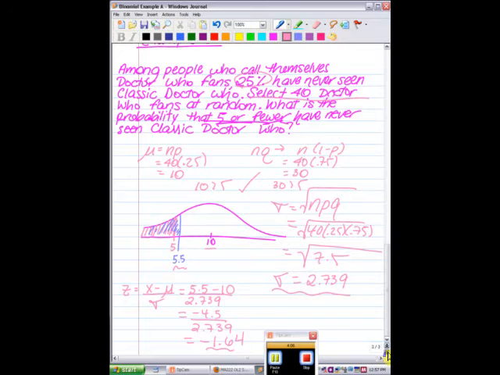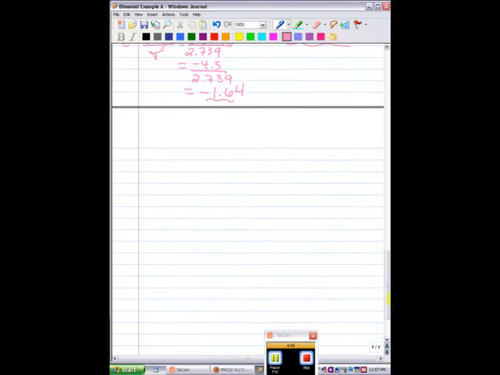We're going to have to use the standard normal table to look up the area associated in this left tail, and when we look it up, it'll tell us from all the way to the left to the value we look up, which is perfect, which is just what we want.